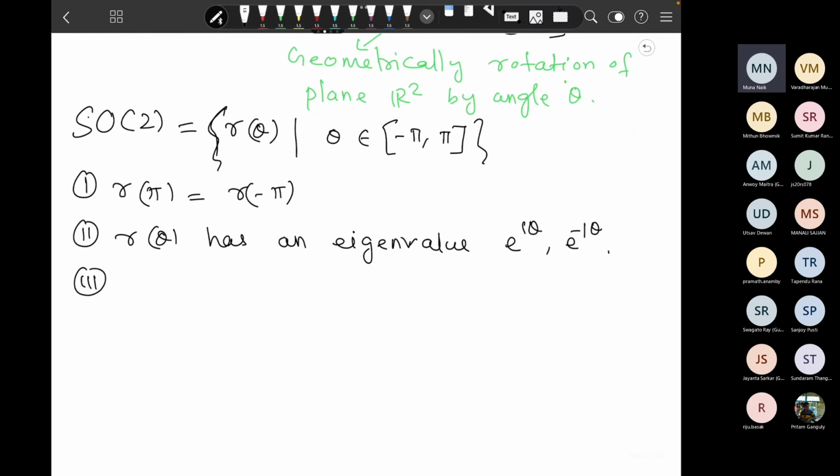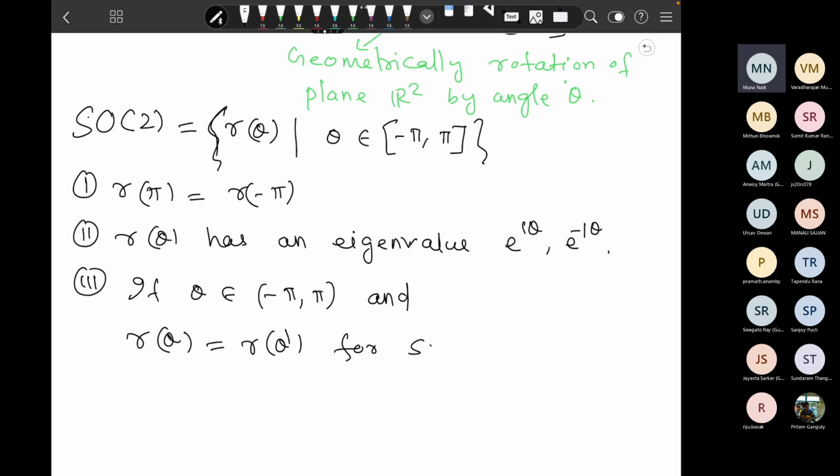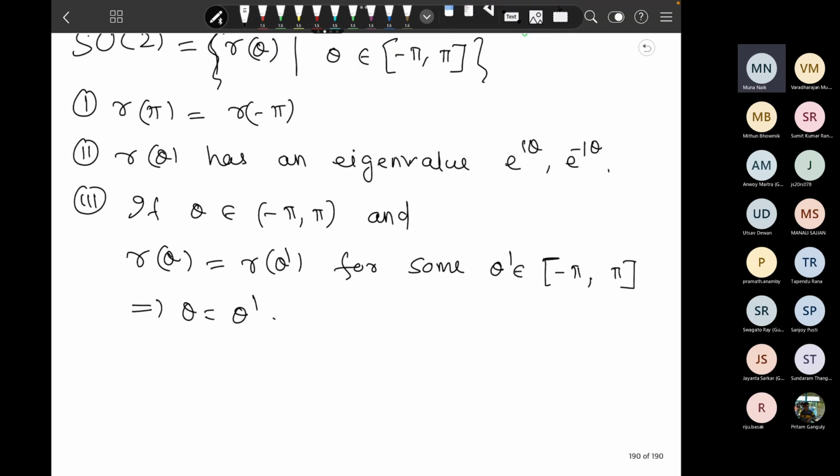So if theta, theta prime belong to minus pi to pi and R theta is equal to R theta prime, then this implies theta is equal to theta prime. Okay, this is clear.